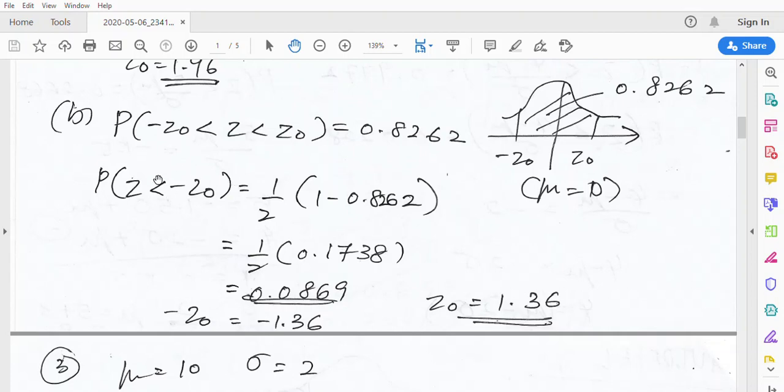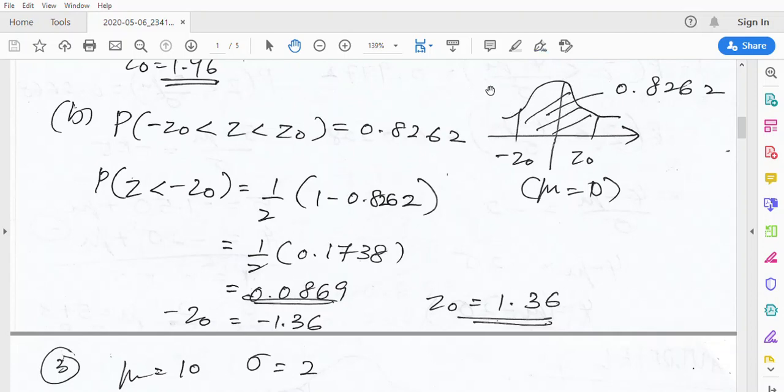Don't forget to put the negative z naught, because now we are using the technique of just negative z naught. So we simply do 1 minus 0.8, and we will get the balance part, and then we divide by 2. This balance part divided by 2 gives us one part only, because these two parts are balanced, equally divided.